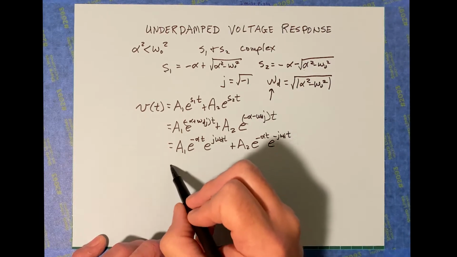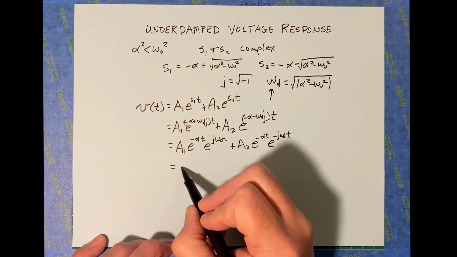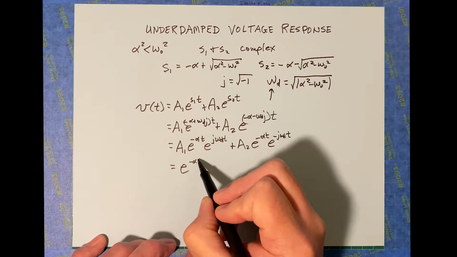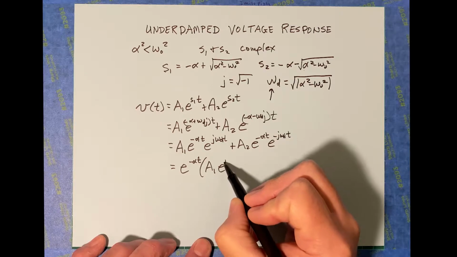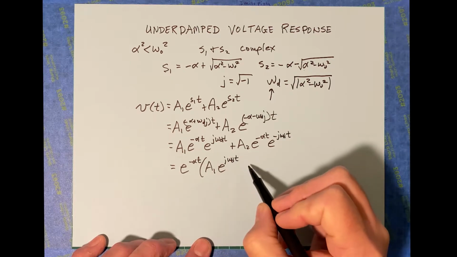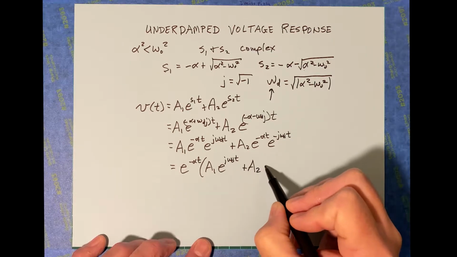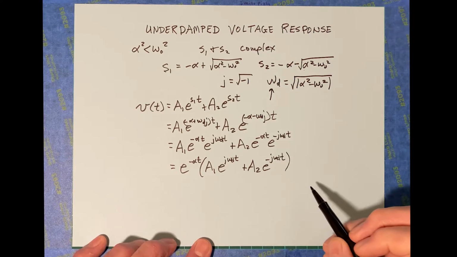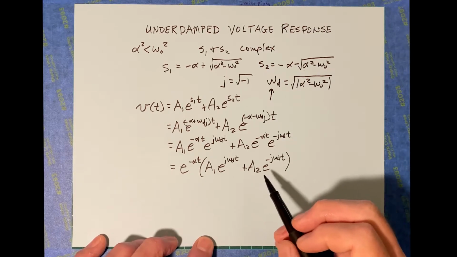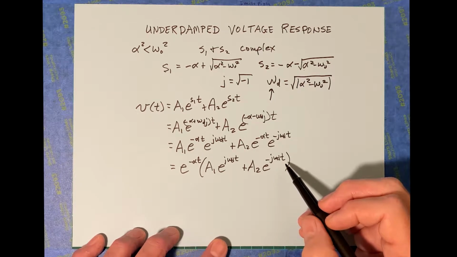Okay, I'm going to factor out the e to the negative alpha t times A1 e to the j omega sub d t plus A2 e to the minus j omega sub d t, like that.